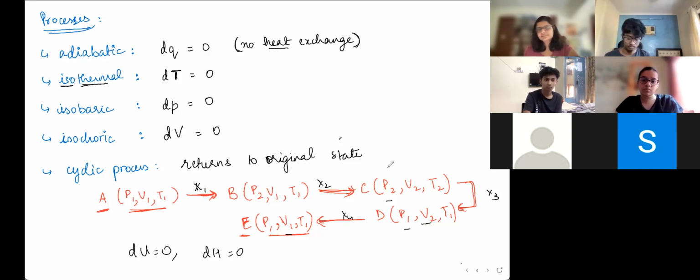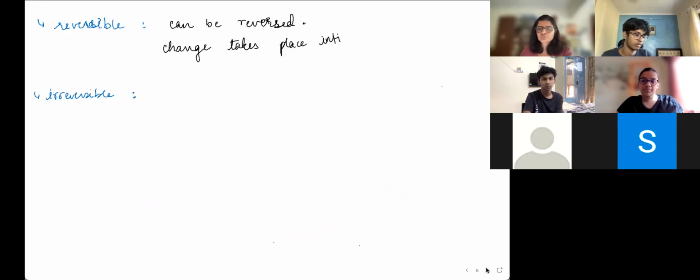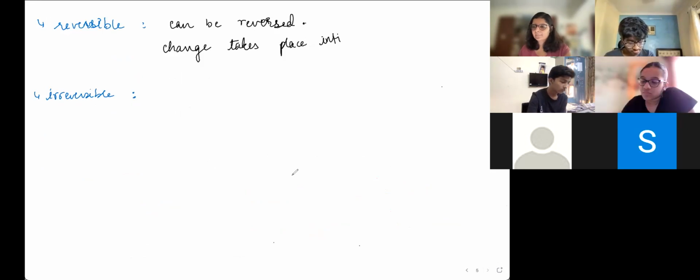Adiabatic boundary describes a boundary. Adiabatic process describes what type of process it is. So we'll do a couple of examples, an example question which describes all these different processes and things. It might make things a little clearer.